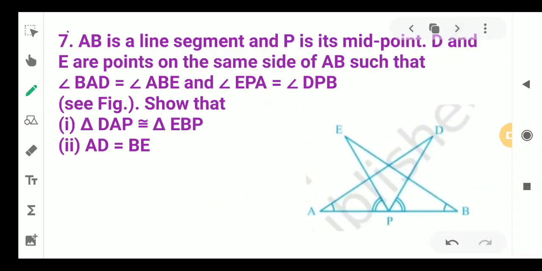Now question number 7: AB is a line segment and P is its midpoint. Now it is given P is the midpoint. It means AP equals PB.